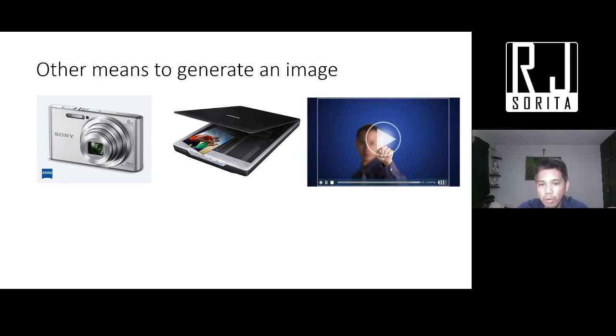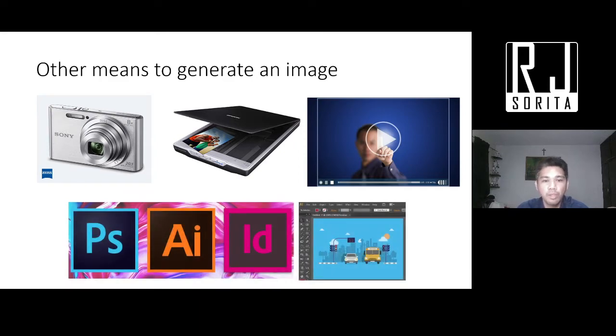Or we may also play a video and get a still image from that video. And then another technique is to use multimedia creation software like Photoshop, Illustrator, or InDesign. Those three can produce digital images as well.